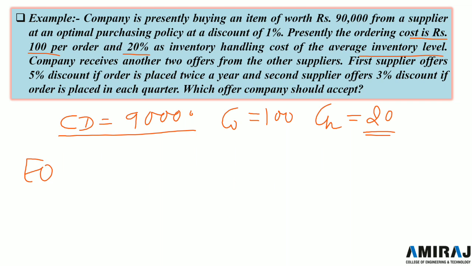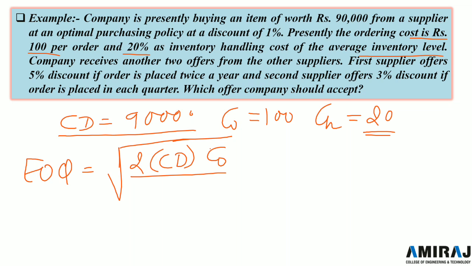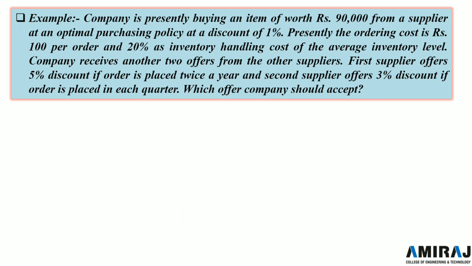So EOQ is given by the equation square root of 2 CD CO divided by R. So here the ordering cost is 100, CD is 90,000, R is equal to 0.20 as it is in percentage. So the EOQ will be 9487.